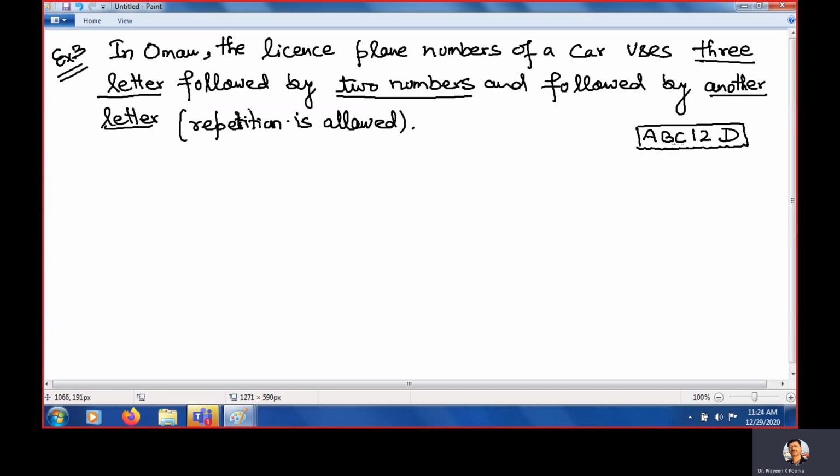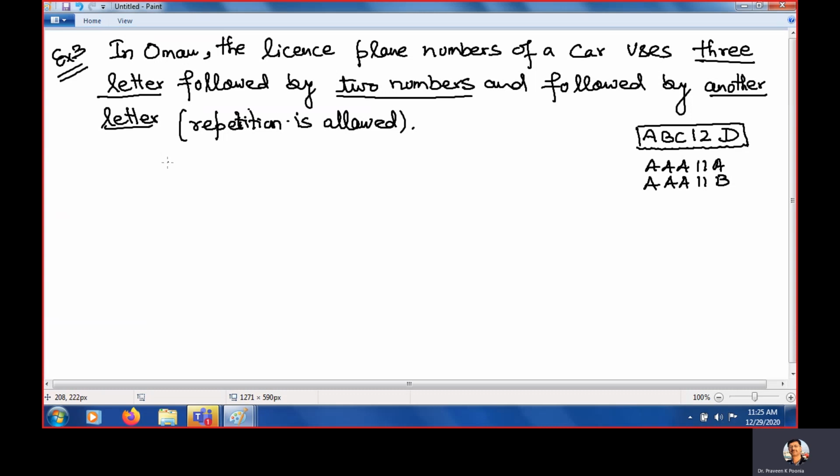So 3 alphabets, 2 numbers, and then 1 English letter. Okay. So how many? And what is it saying? Repetition is allowed. Repetition is allowed means it may be A, 1, 1, A. This is one number. A, 1, this is another number. Clear? Because both the numbers are different now.